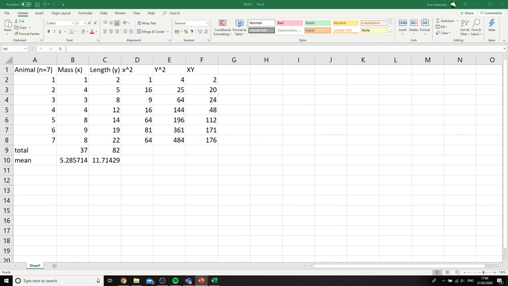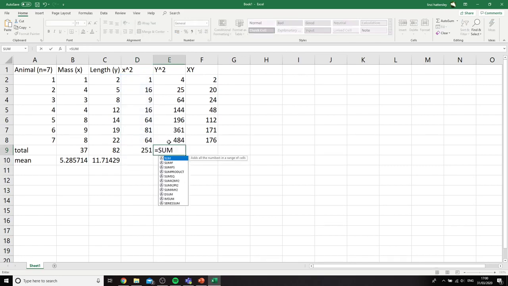Now we need the totals of all of them. Okay, you don't need to do the mean for every one of them, you just need the totals. So equals sum, open the bracket, click and drag, there you go. So it's going to sum all along here.